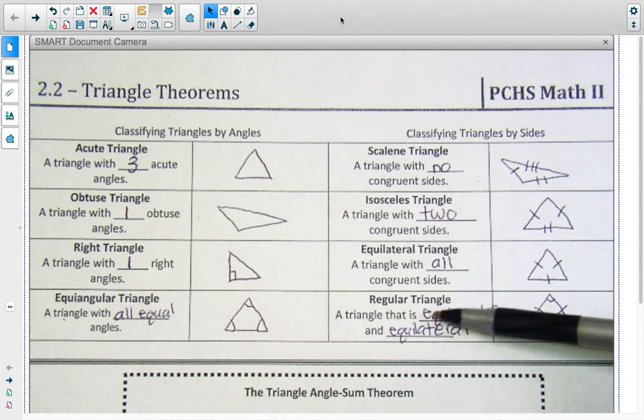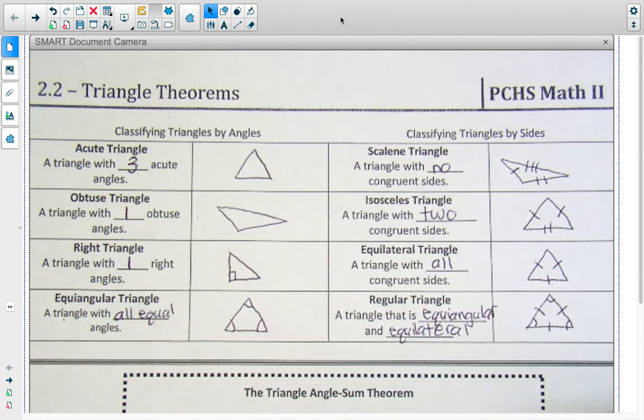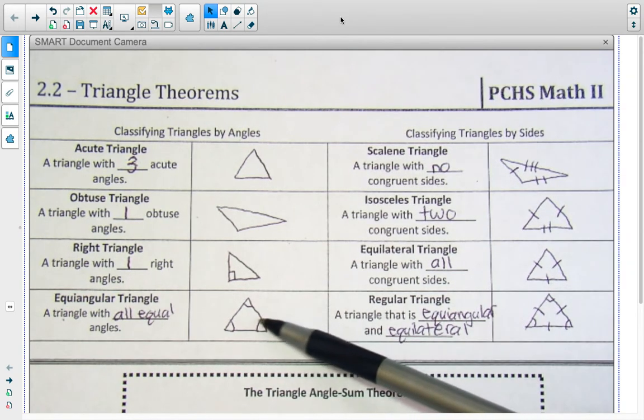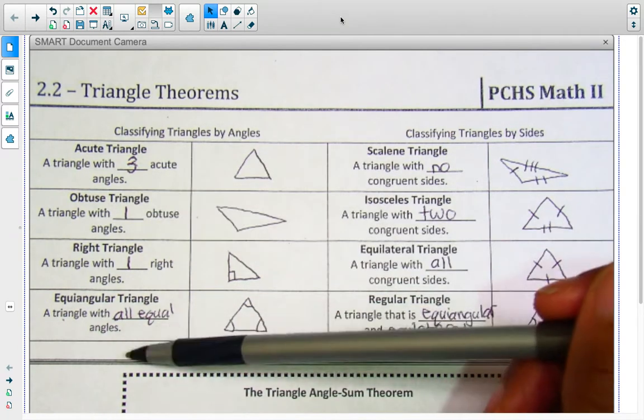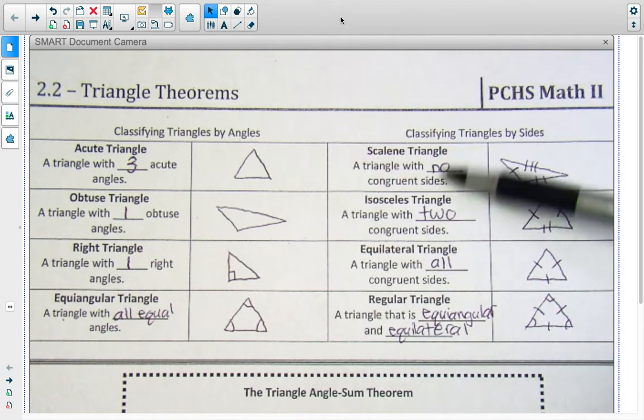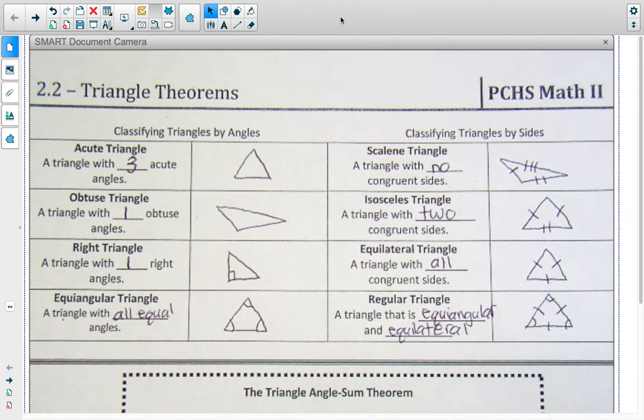The prefix equi means the same, equivalent to each other. So in a regular triangle, like I've drawn here, all 3 angles are the same, like we see for equiangular. They're all 60, 60, 60. And it's also equilateral because all the sides are the same. So this is a regular triangle. There are 4 types of triangles by angles, and then 4 types by their sides.